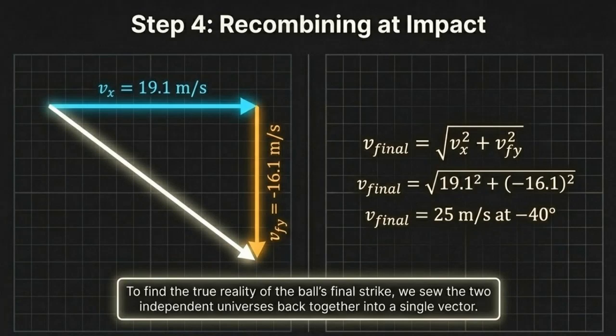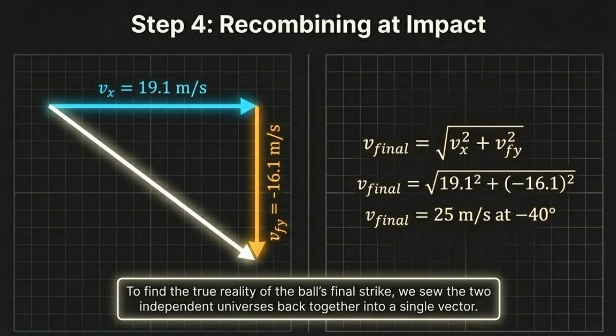Now, let's bring everything back together by combining the horizontal and vertical velocities to find the ball's final velocity at impact. We do this by treating the velocities as components of a single vector. By applying the Pythagorean theorem, we calculate the magnitude of the final velocity as the square root of the sum of the squares of the horizontal and vertical components.